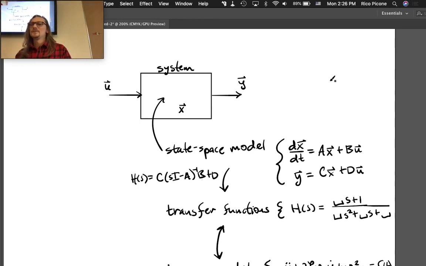Control is the idea that we want to make the output of the system something that we want. So let's pretend that it's a single link in a robot arm and you want to go from this angle to this angle, and your output is the angle. You want your output to be at, say, 60 degrees, but currently it's at 0.